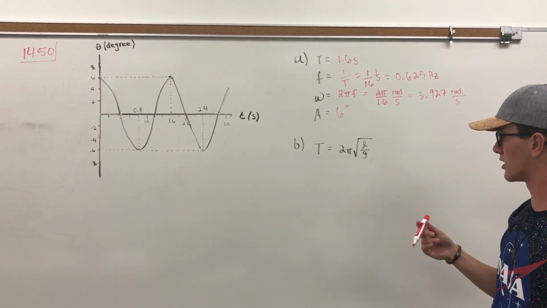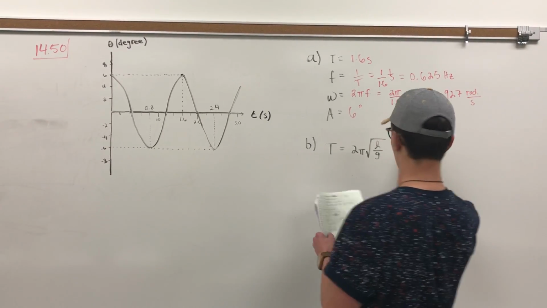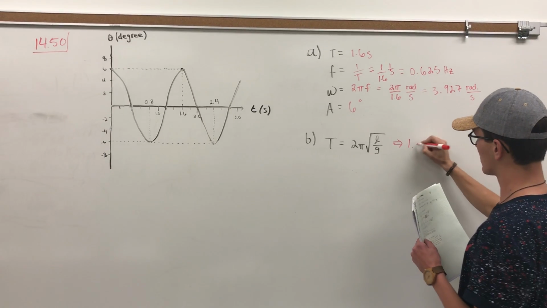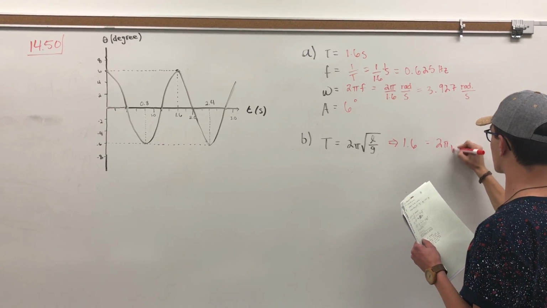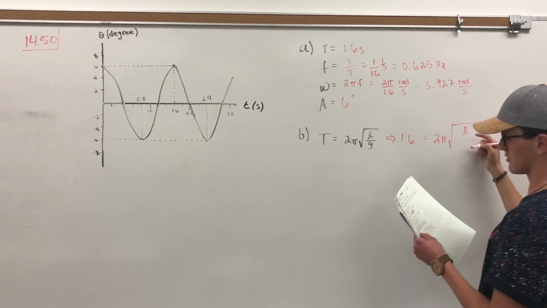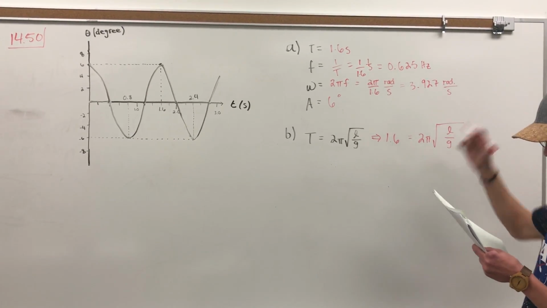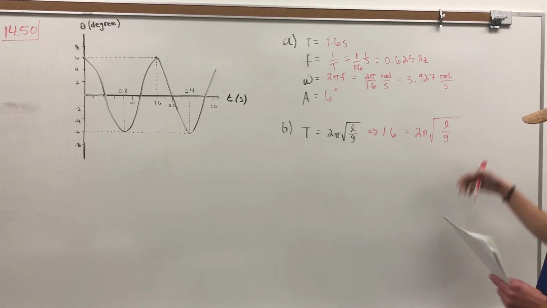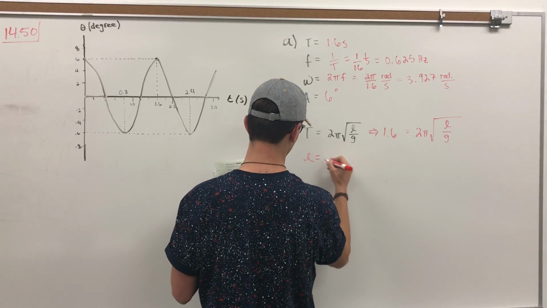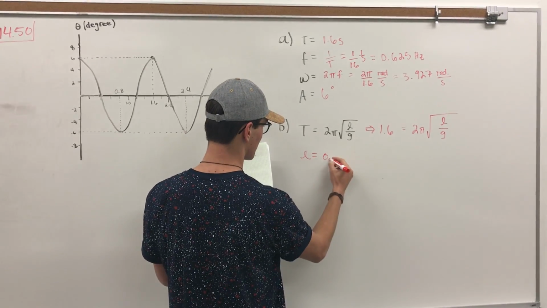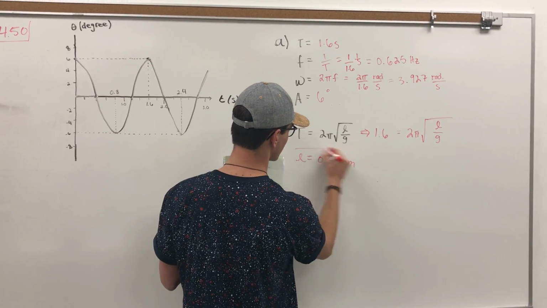So now if we plug values in here, we're going to get 1.6 is equal to 2 pi times the square root of our unknown L, that's what we're solving for, over g. And then through algebra and moving things over, we will get that L is equal to 0.636 meters.